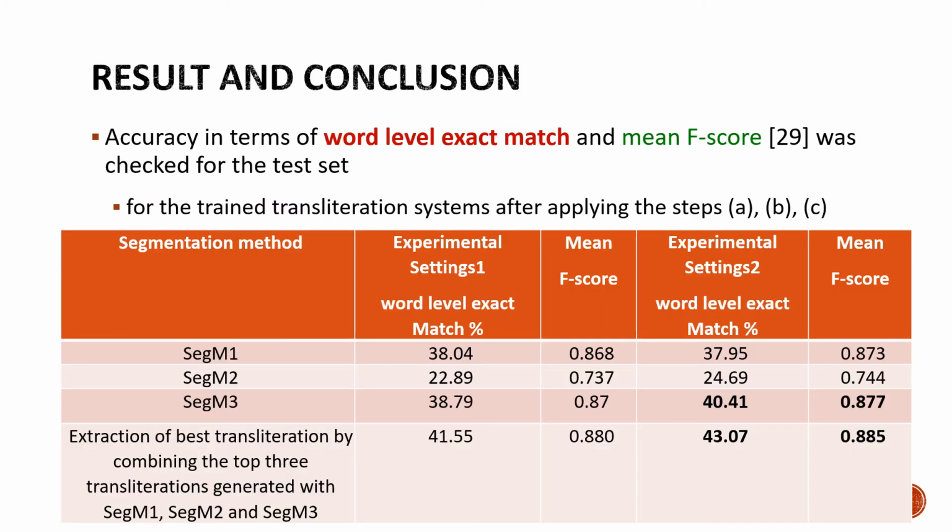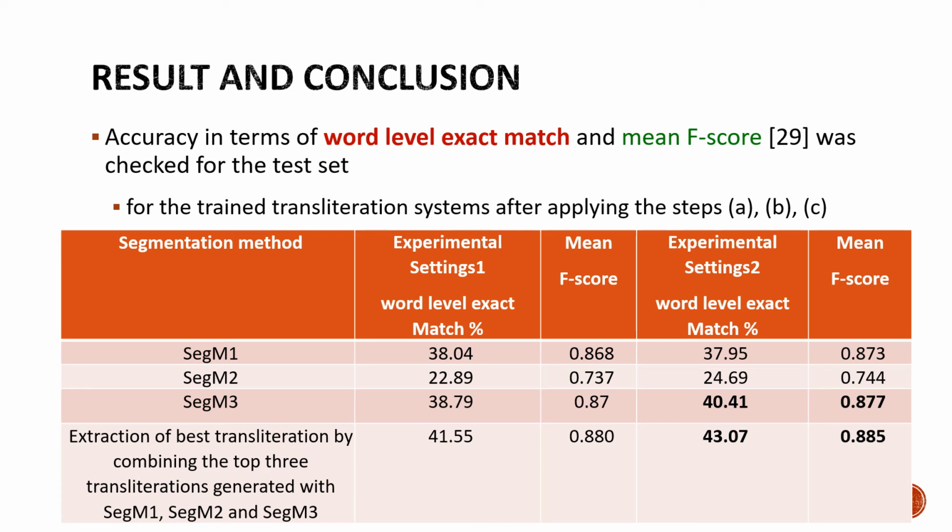Here are the accuracies in terms of word level exact match and mean F score for the transliteration system with different experimental settings and with 3 different segmentation methods. It was observed that with segmentation method 3 and experimental setting 2, the highest word level exact match was obtained, which was 40.41%.